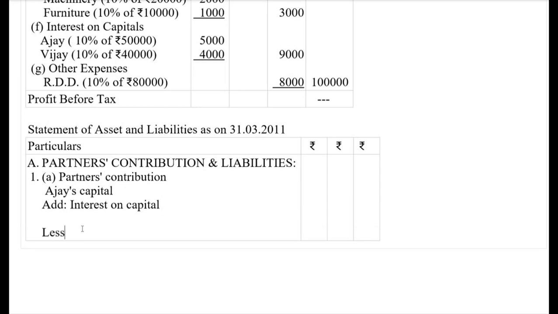From this we should deduct less drawings. So now let us take Ajay's capital is given as rupees 50,000. To this, when we add interest on capital, it will be 5,000. So let me underline this here.